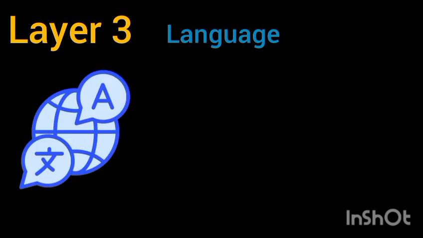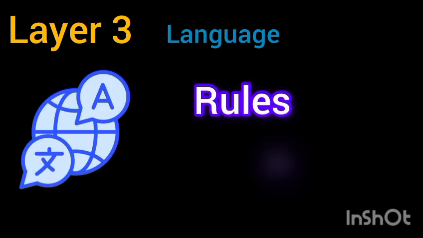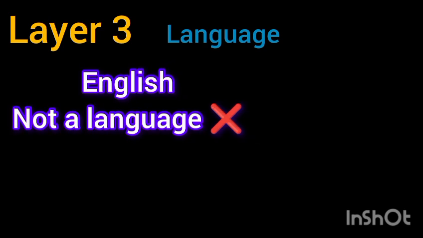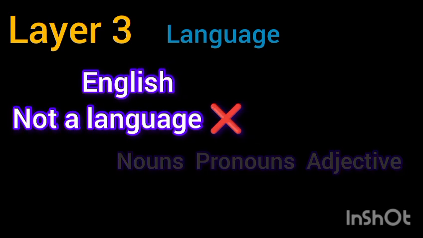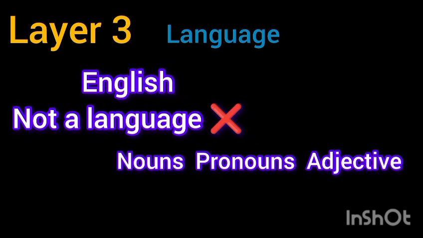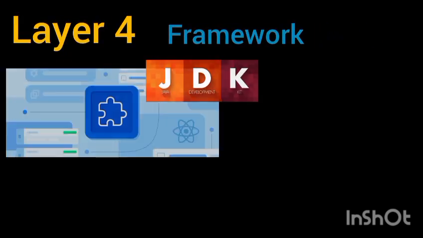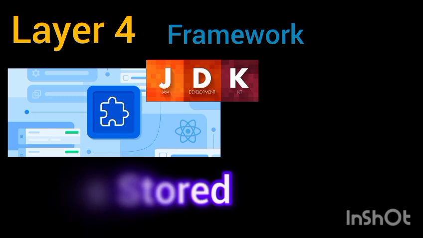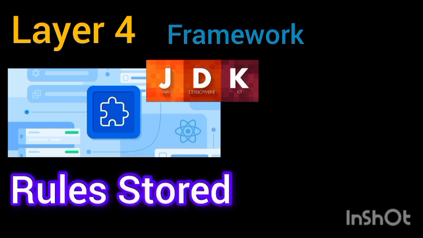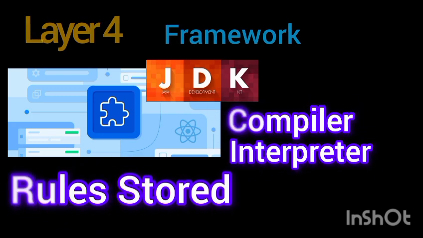Then the third layer, that is language. Language is nothing but the rules to learn the language. For example, English is not a language, but the nouns, pronouns, adjectives, etc. are the rules using which we can form our language. Then the fourth layer, that is the framework, where all the rules are stored including compiler and interpreter.